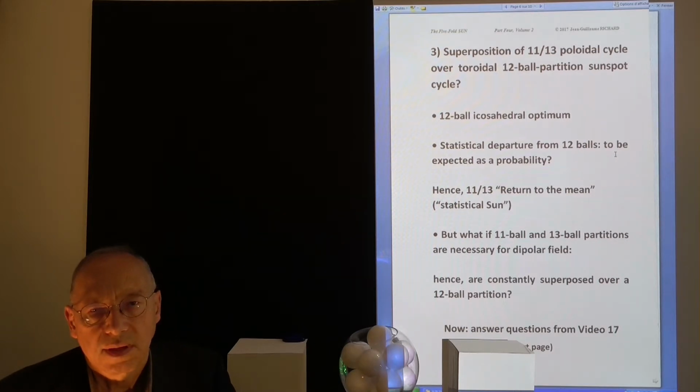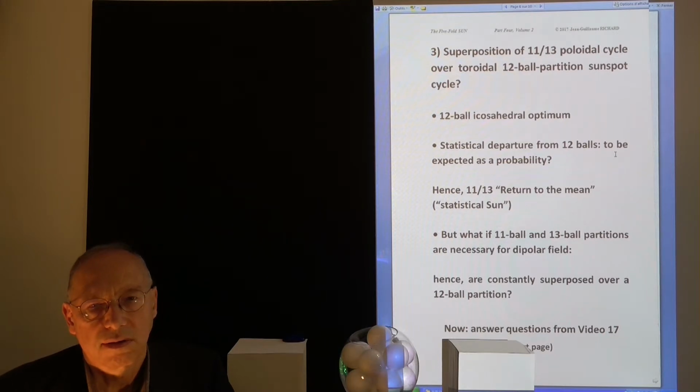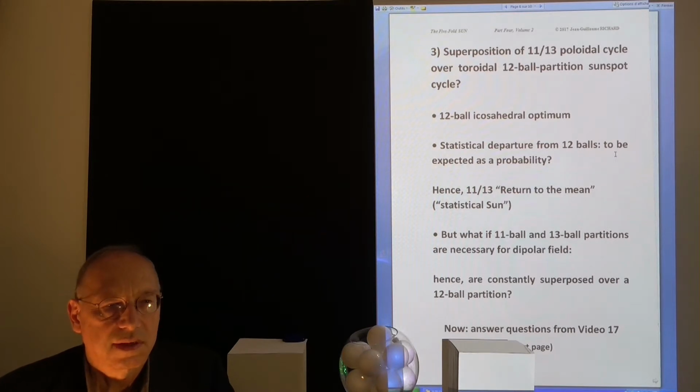We start from an optimum that we suggested to be an arrangement, a partition of the solar ball in a 12-ball icosahedral configuration, which is a regular one. We see in the solar activity record in the sunspot time series that there is a departure from the standard length of the solar cycle, which seems to reveal a departure from a partition in exactly 12 balls.